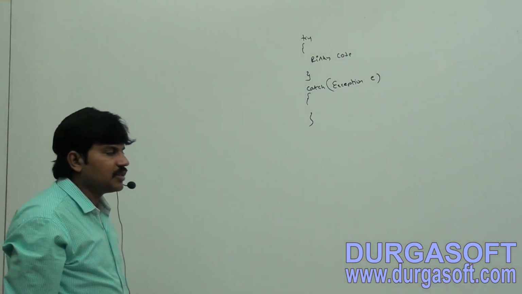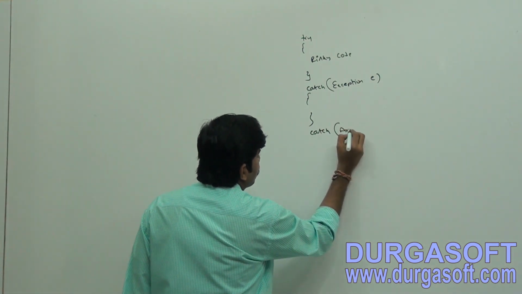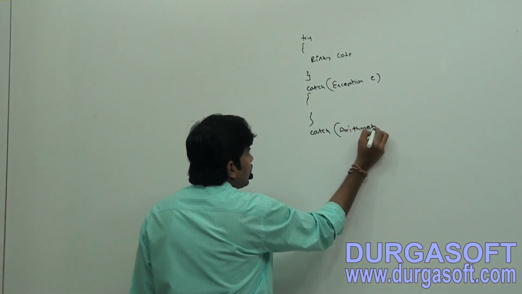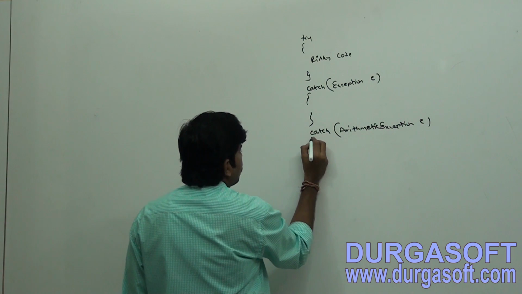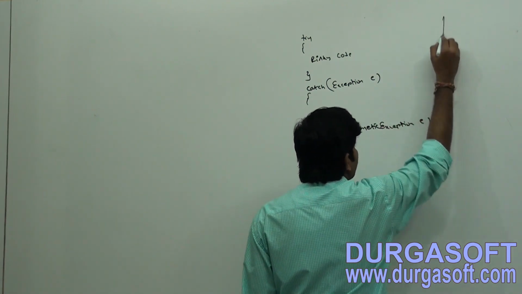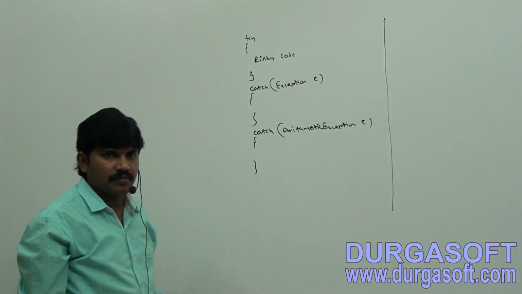Try, catch block, Exception e. Next catch block I am taking, ArithmeticException e. Like this I am taking. This is try followed by two catch blocks.